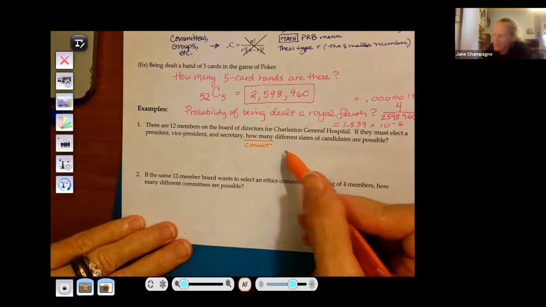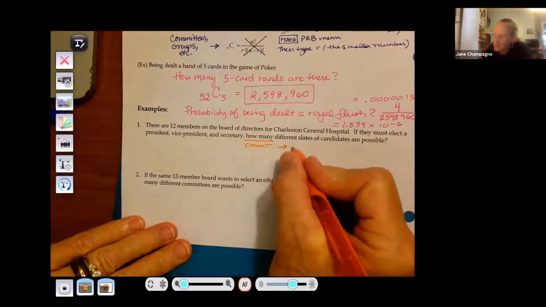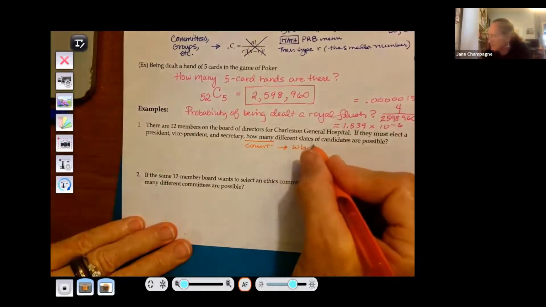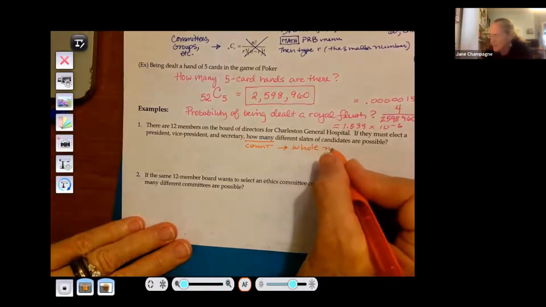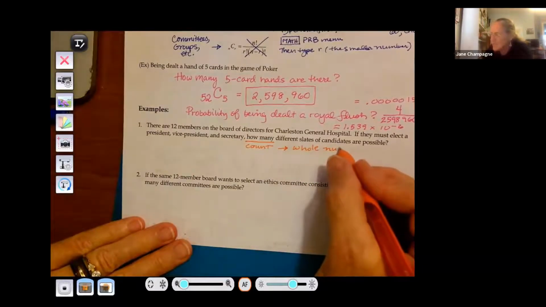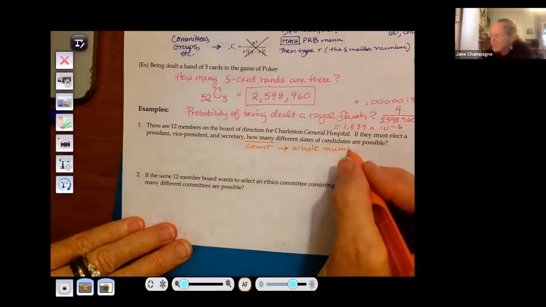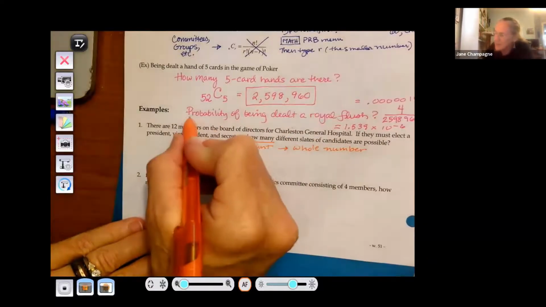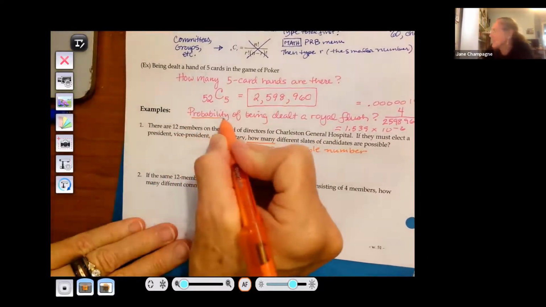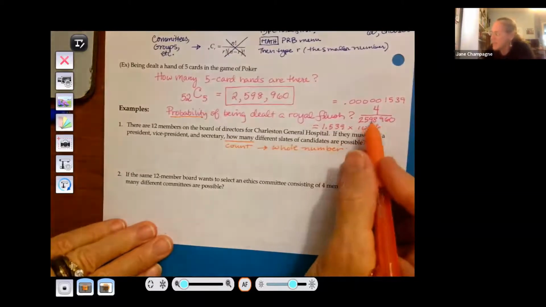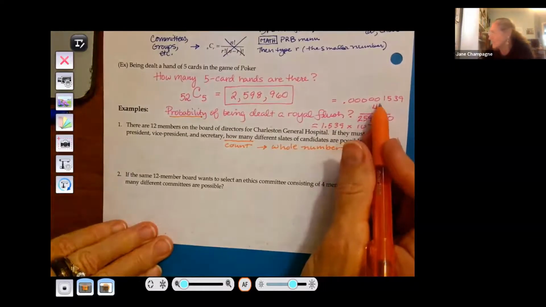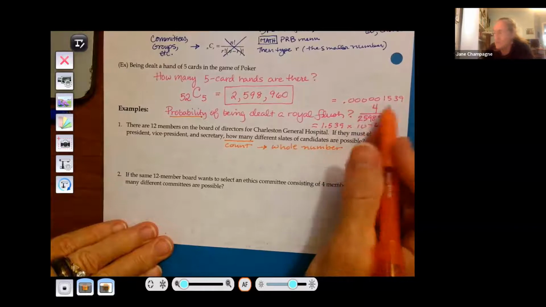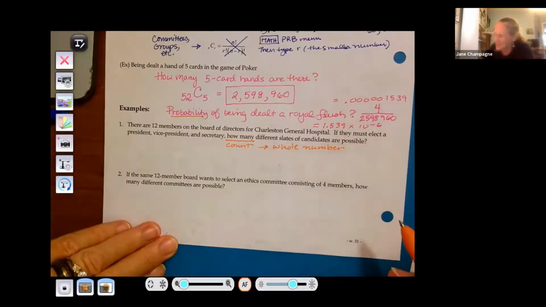So your answer is going to be a whole number, not a decimal or a fraction. Whereas if it's asking for a probability, like up here, that's asking for a fraction or a decimal. Or you could put it as a percent. This one's pretty close to 0%.